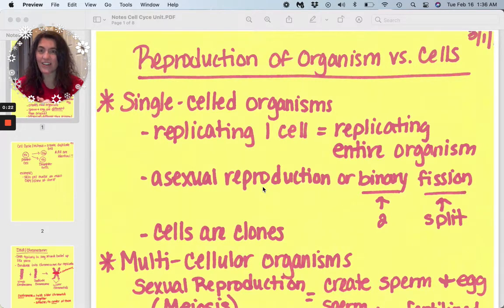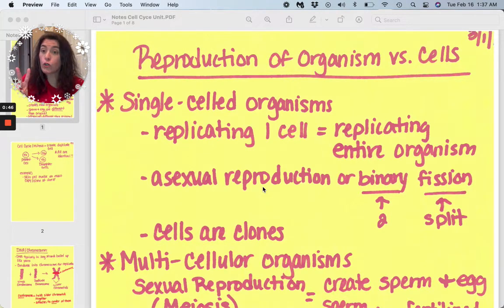Okay, let's get started. So first let's talk about the reproduction of an organism versus the reproduction of cells. Now, in the case of single-celled organism, the entire organism is the one cell. So if the one cell replicates, then you have essentially replicated the entire organism. This is called asexual reproduction or binary fission.